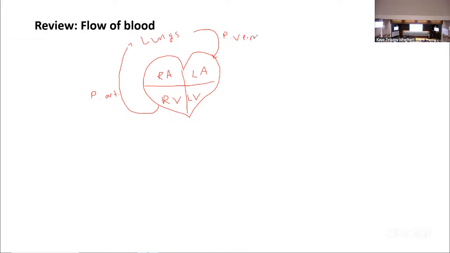That's our pulmonary circuit. And we have our systemic circuit, right? So we have one of our most important big blood vessels, our aorta, right, coming out of our left ventricle. And then as we walk through this unit, we're going to see that we have splits to different arteries.